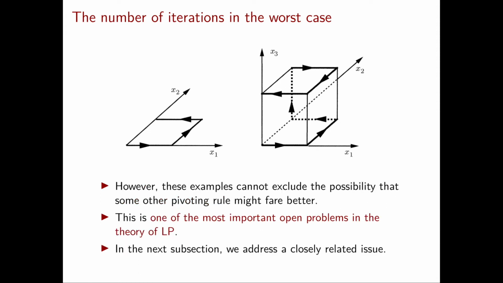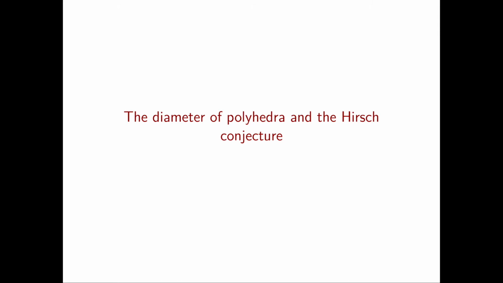However, there could always be a new pivoting rule, maybe that nobody introduced yet, that will always result in a polynomial number of iterations. And this is one of the most important open problems in the theory of linear programming. In order to make progress in answering this open question, researchers study the diameter of a polyhedron. And this is what we're gonna discuss next.